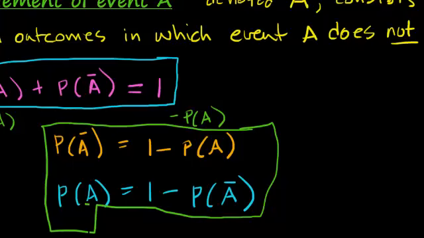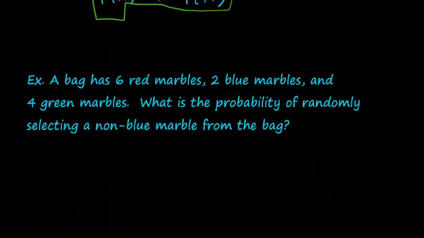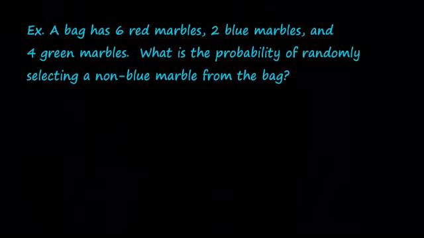Okay, so let's look at an example. This is one we saw before. We had a bag with 6 red marbles, 2 blue marbles, and 4 green marbles, and we found the probability of randomly selecting a non-blue marble from the bag. We've already done this, but let's try this a different way. We still need to set up our sample space.